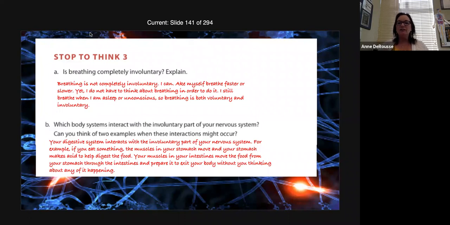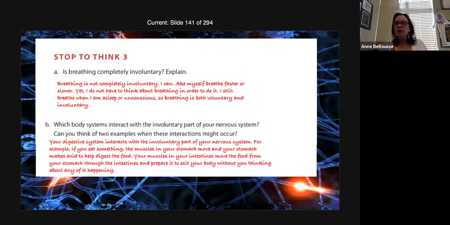I used the digestive system. This is saying which body systems interact with the involuntary part of your nervous system. So I was thinking of the digestive system. When I eat something, the muscles in my esophagus and in my stomach work automatically. I don't have to think about it.